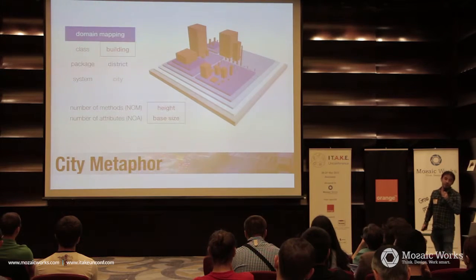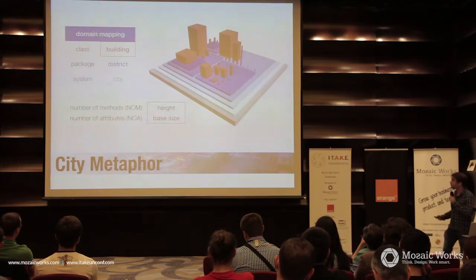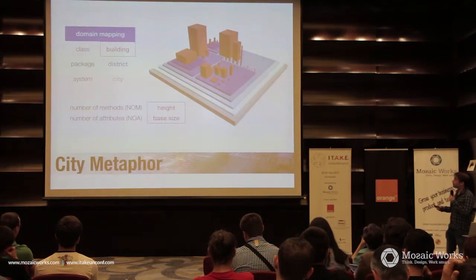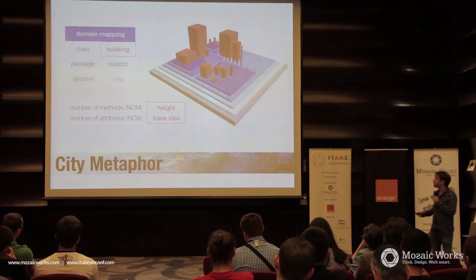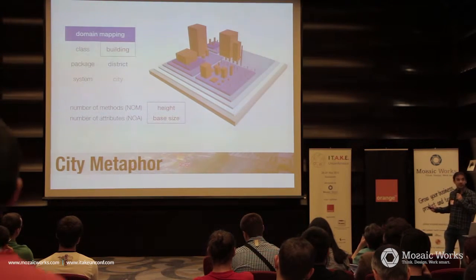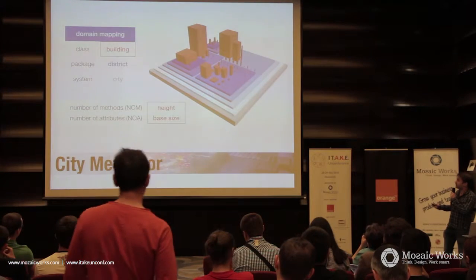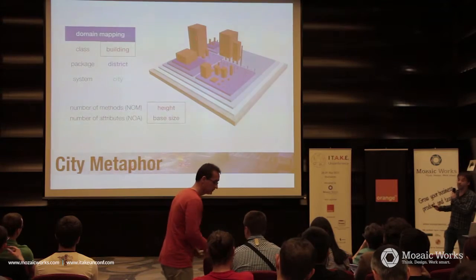So you have a little more. For example, you have a mapping on the metrics, some very simple metrics of buildings. Like, for example, the base size is mapped to the number of attributes of your class, and the height is mapped to the number of methods. So this is different than this because they have, for example, approximately the same number of attributes, but this class has definitely more methods.